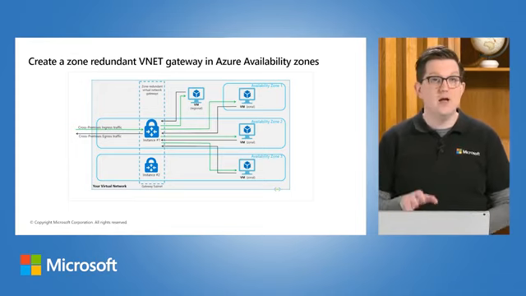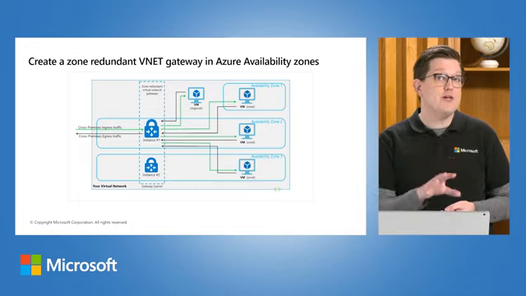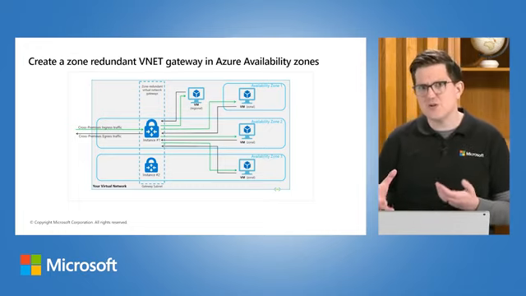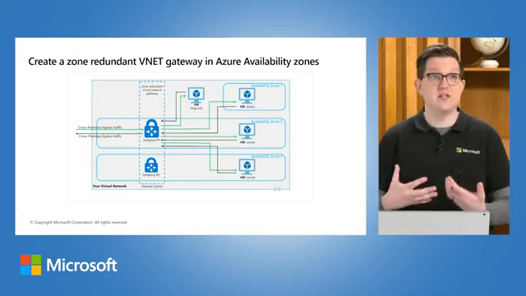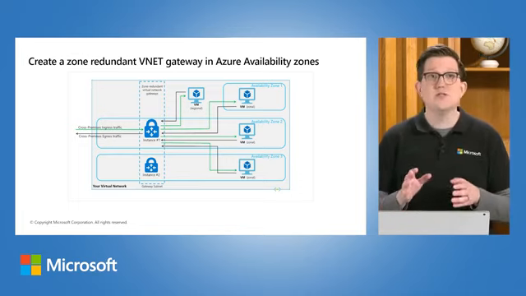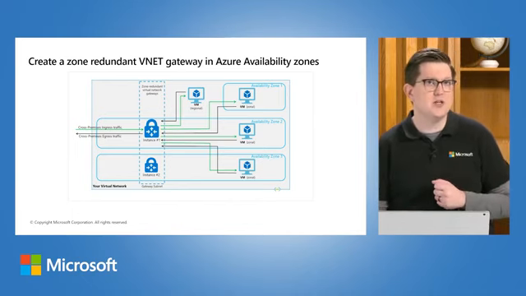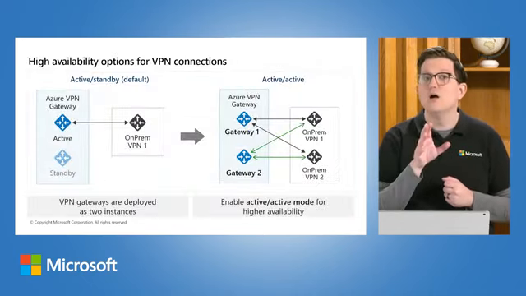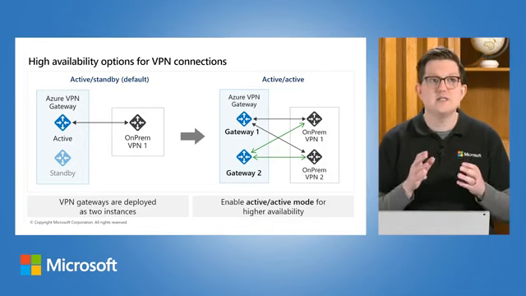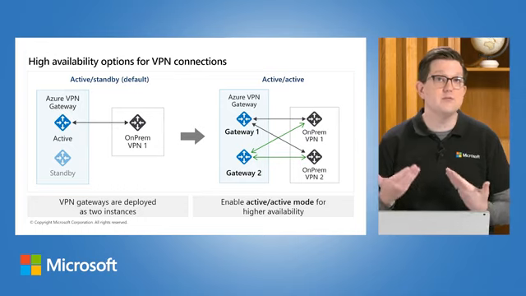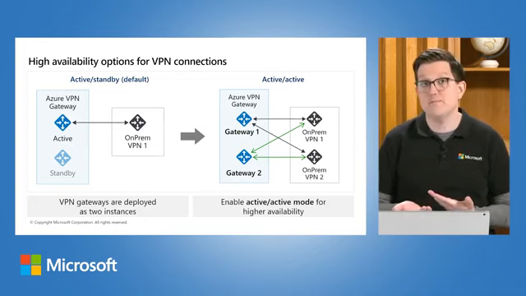But not every region in Azure has support for availability zones. There are some pretty strong physical requirements that tell us whether we can do that. So in regions where this isn't an option, I'd like to present something a little bit different. High availability is a simple flick switch that you can change when you configure and deploy your VPN gateway.